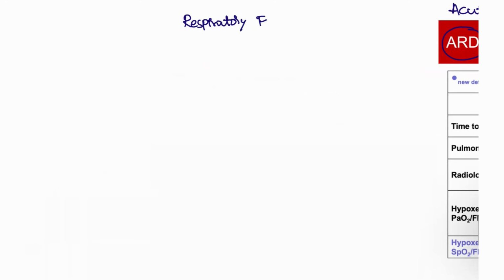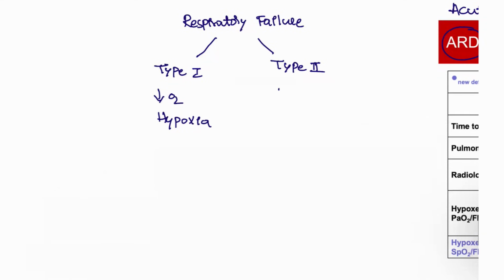Respiratory failure is of two types, type 1 and type 2. Type 1 is most commonly due to decreased oxygen, hypoxia. Type 2 is due to more CO2 retention, hypercarbia.